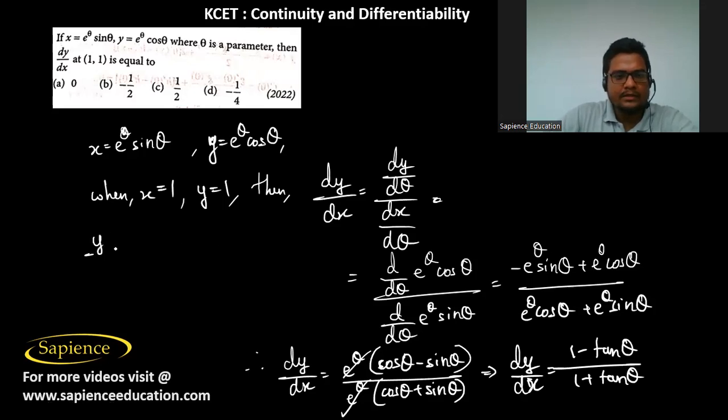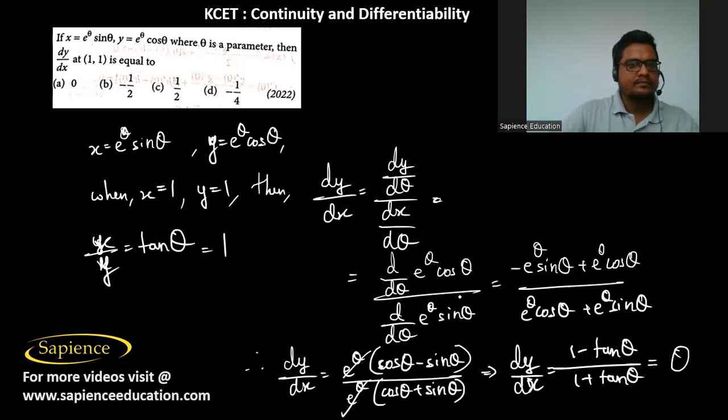So now from here we can see that y by x, also x by y, is equal to tan theta here. So when x is equal to 1 and y is equal to 1, then x by y is equal to 1. So tan theta will be equal to 1, and then dy by dx will be equal to 0. So option A is the correct answer.